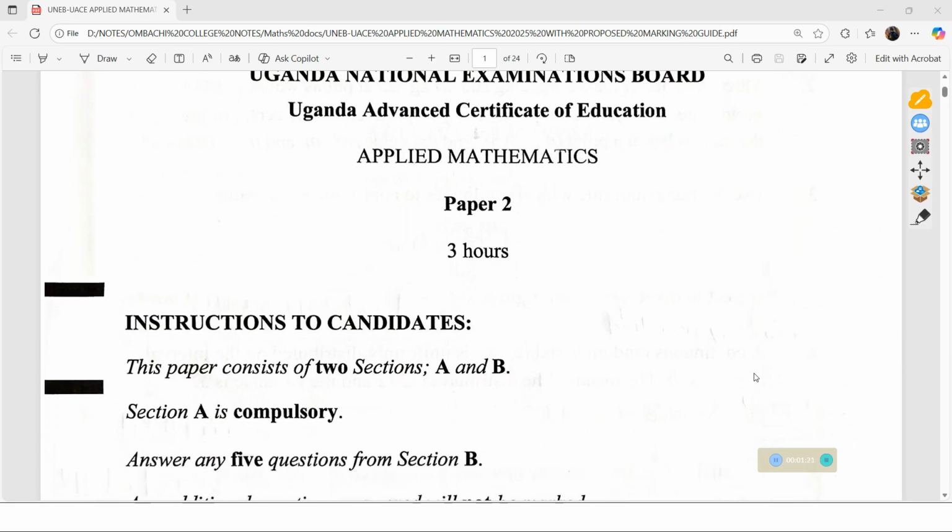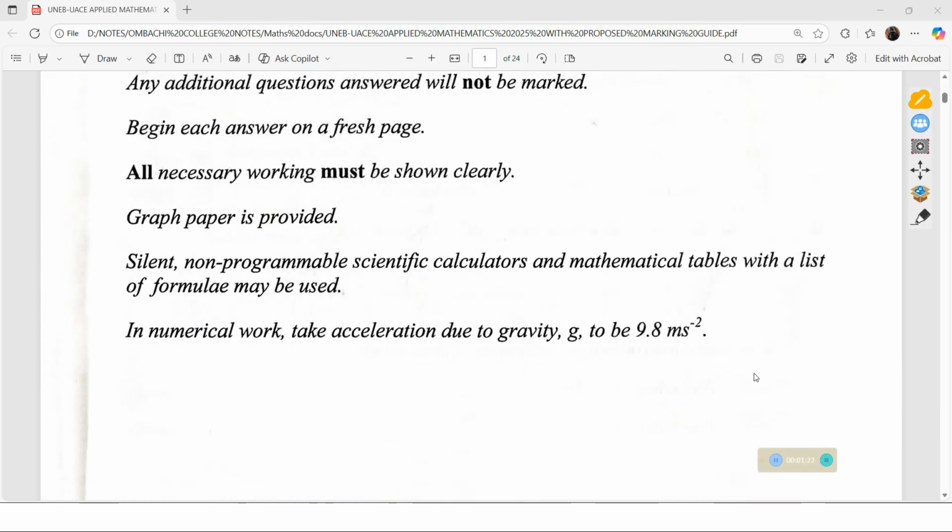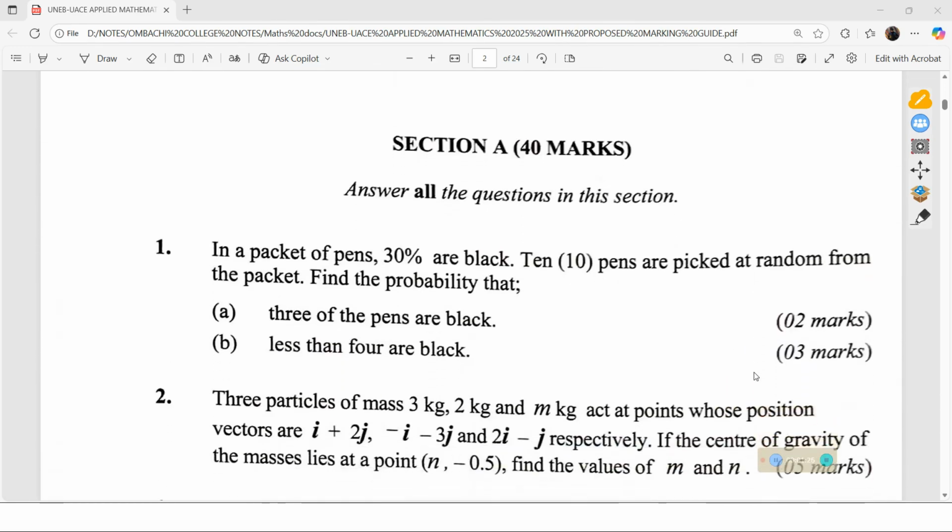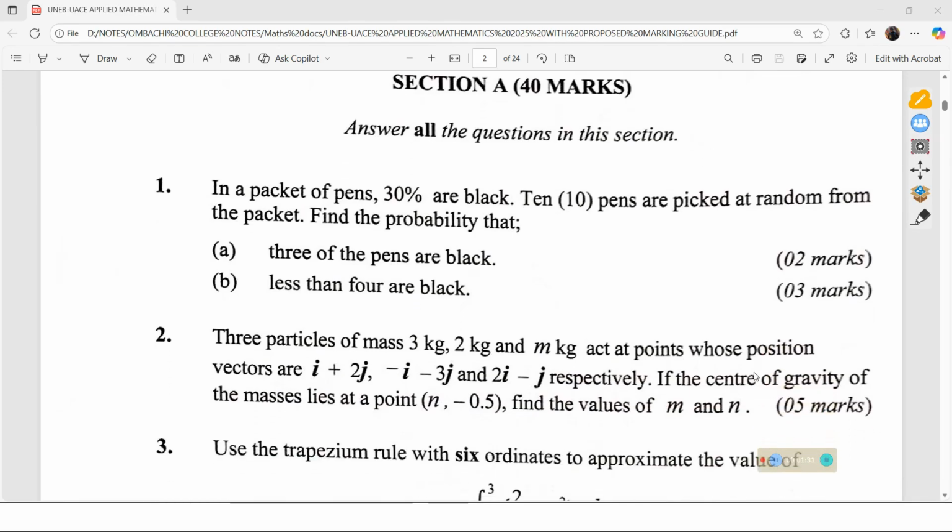So let us look at the questions. We have got the questions here, question number 1 and question number 2. Please stop the video whenever you want to copy down the question. Try to do it and compare with what is provided on the marking guide.